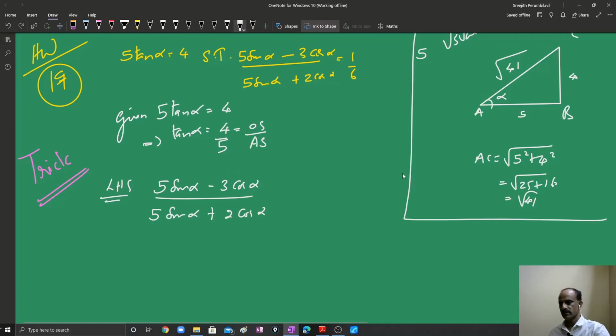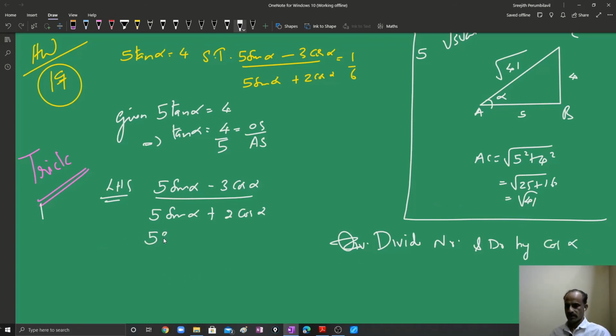The trick is, I am asking myself a question. Is it possible that I can apply this tan alpha? I know the value of tan alpha. Is it possible that it can be applied directly in the question? For that, this is the trick: divide numerator and denominator by cos alpha, since sin by cos is tan.